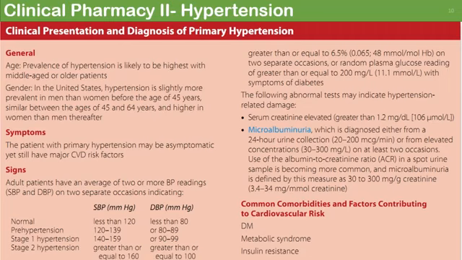Symptoms: primary hypertension may be asymptomatic. Most commonly the patient complains of headache. Some patients may have other symptoms according to cardiovascular risk factors and organ damage. Signs: all adult patients have an average of 2 or more blood pressure readings on 2 separate occasions, according to the stages.